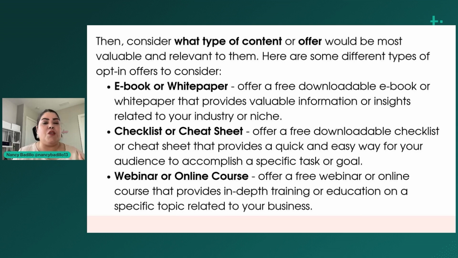A lot of people might do an ebook of 100 ways to grow on Instagram, or an ebook about 100 ways to style with a blazer. That is a form of an ebook that people will download because it has a lot of information in it and they're going to find it valuable.